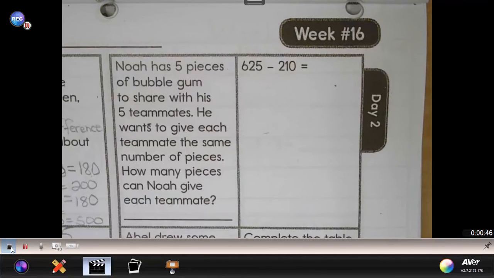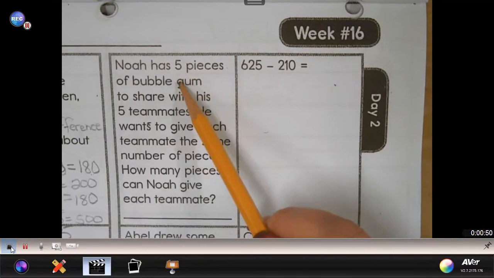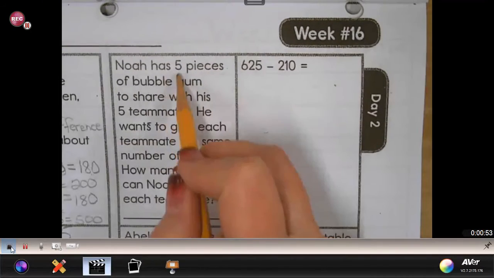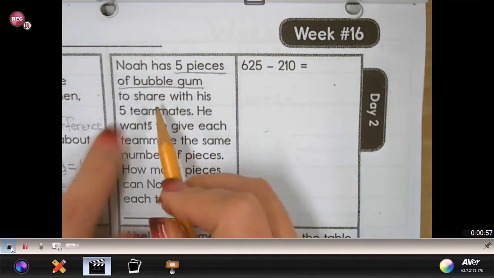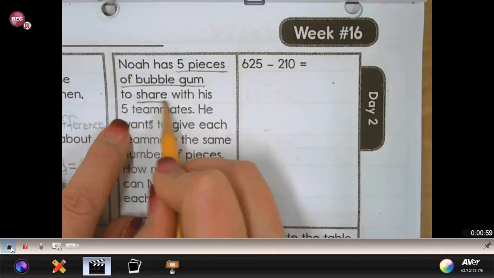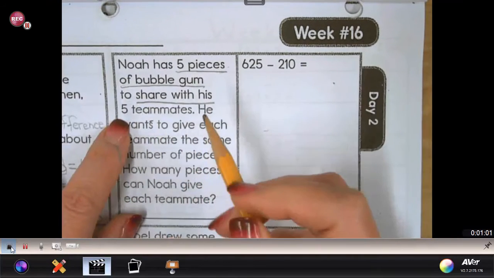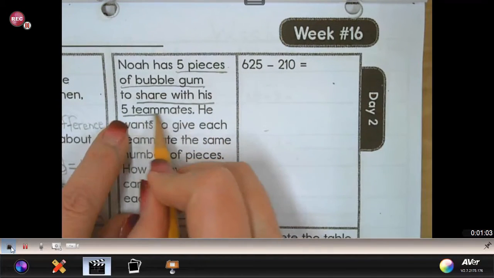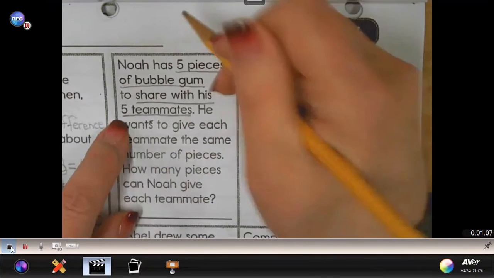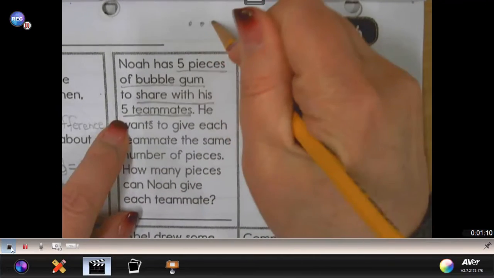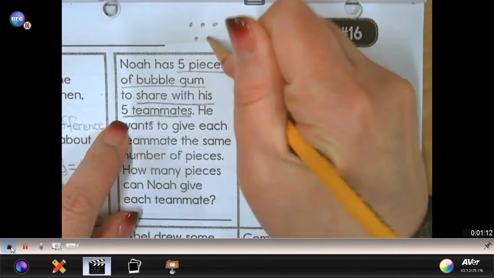So if you noticed that we have a total number of pieces of bubble gum, there are 5 pieces of bubble gum, and you also hear the word sharing with teammates. He's got 5 teammates. So if you think about it, he's got 5 pieces of gum: 1, 2, 3, 4, 5.